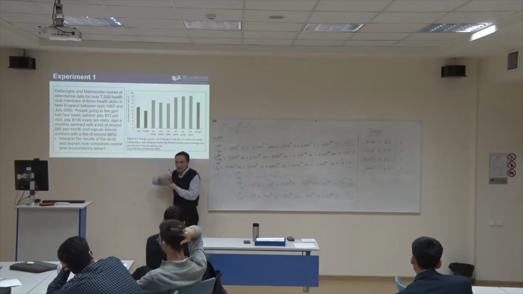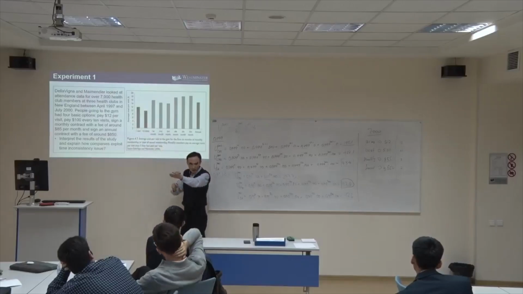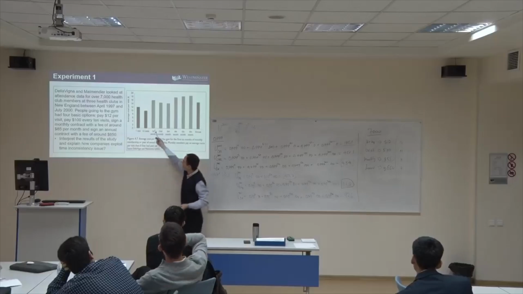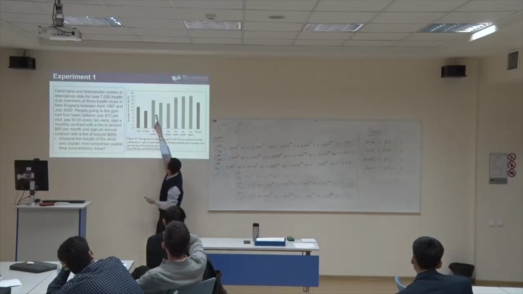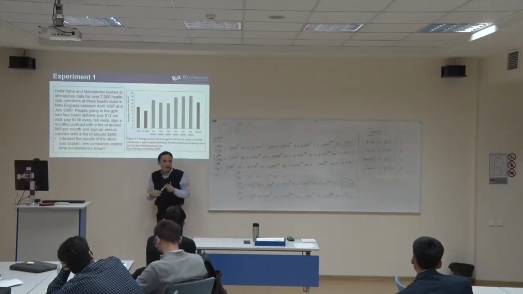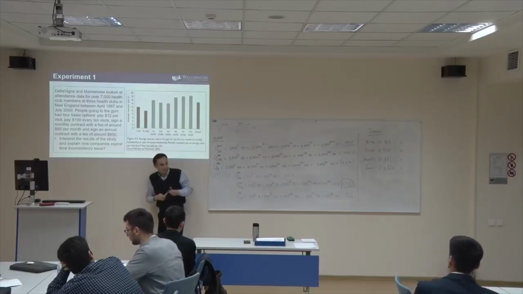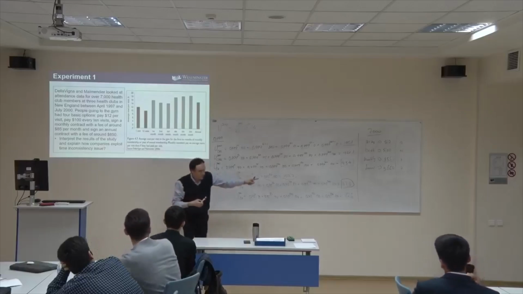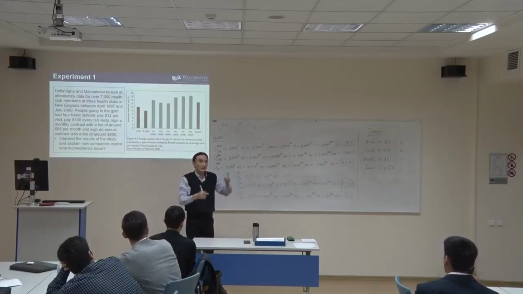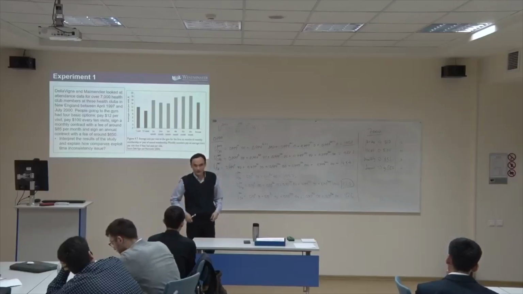But those who signed a monthly contract were on average paying $17. How come? Even though it's $8, they were paying $17. Attendance was less, because they were not going 12 times.